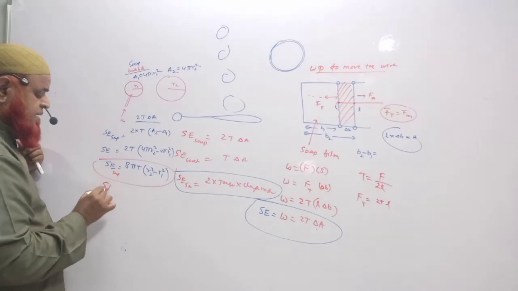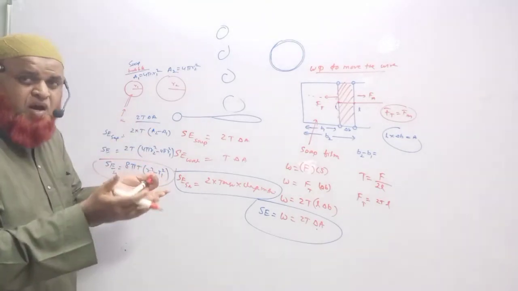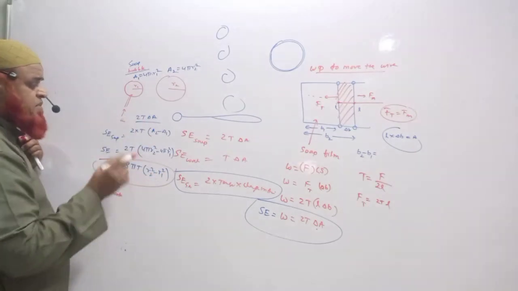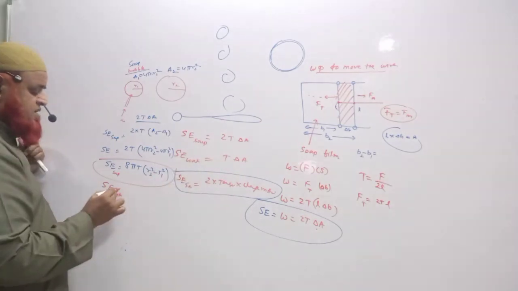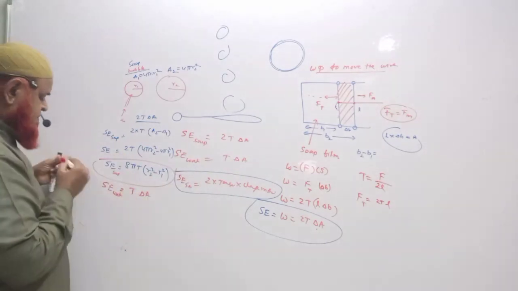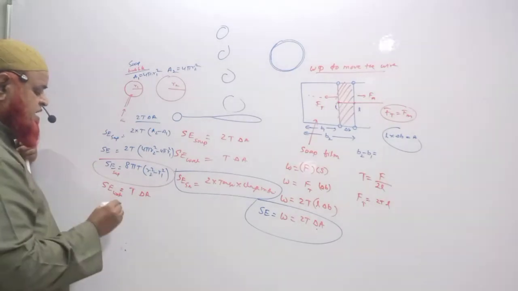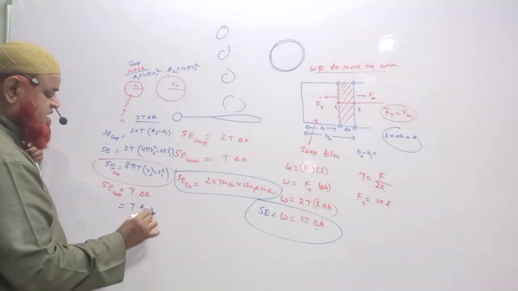Okay. For example, the surface energy to increase the size of a water drop. For a water drop, there is no 2, only tension into change in area. At that time, you need not write 2T, just T into delta A. Therefore, for water you can write T into delta A, which is A2 minus A1.